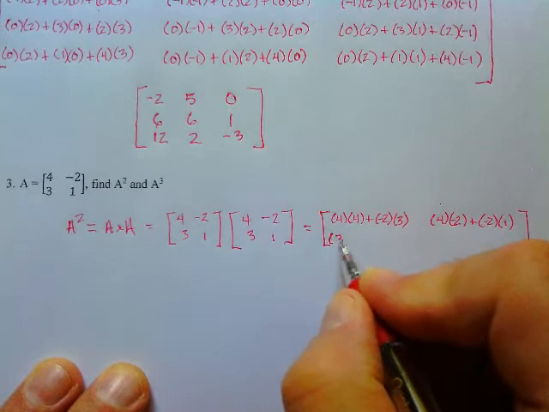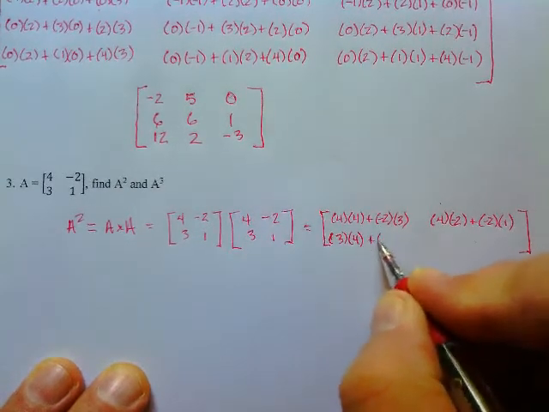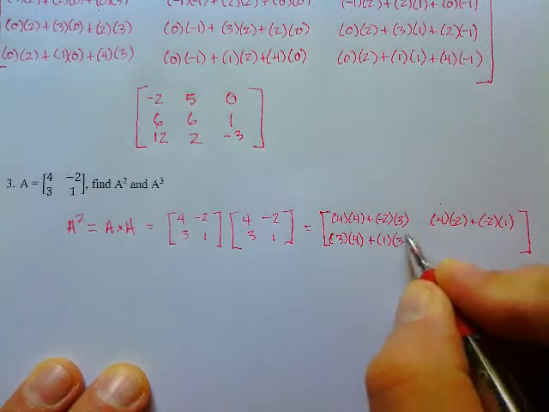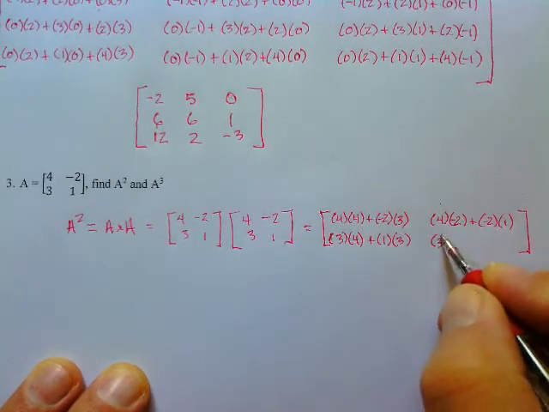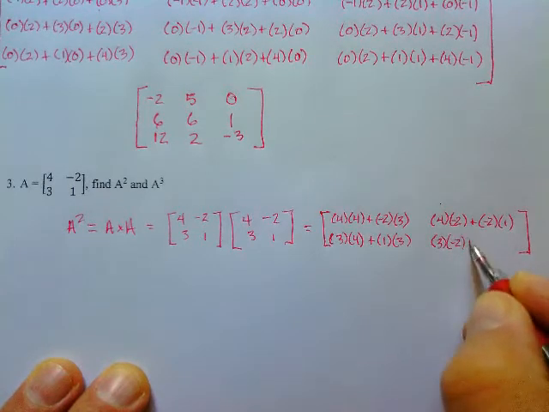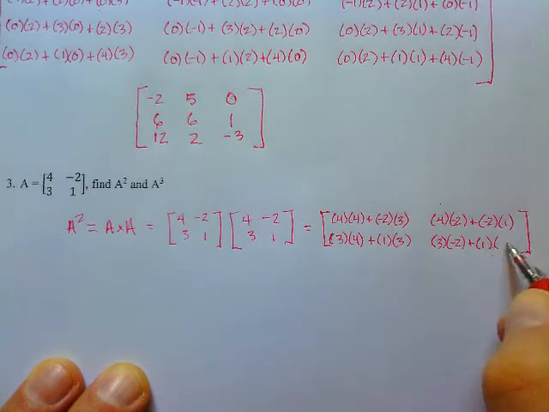And then 3 times 4 plus 1 times 3. And here 3 times negative 2 plus 1 times 1.